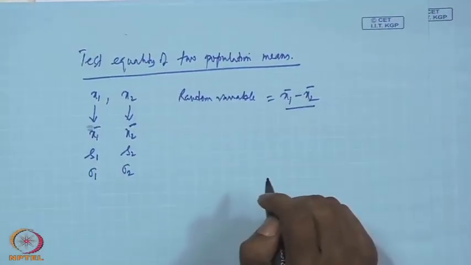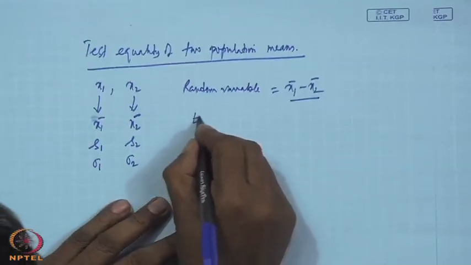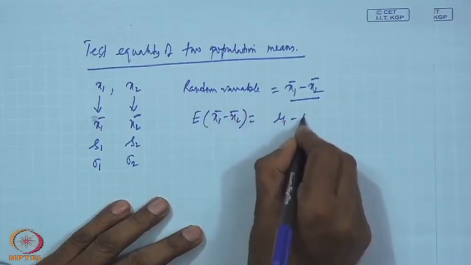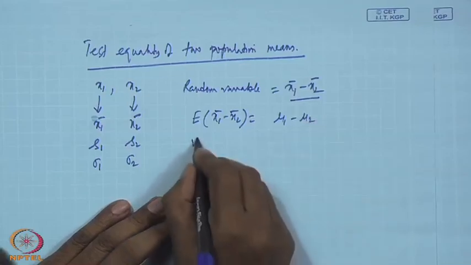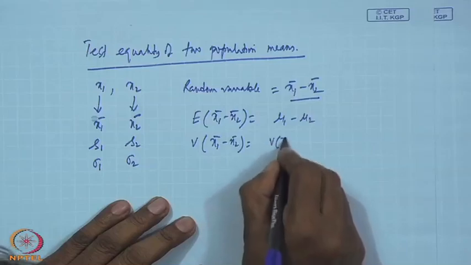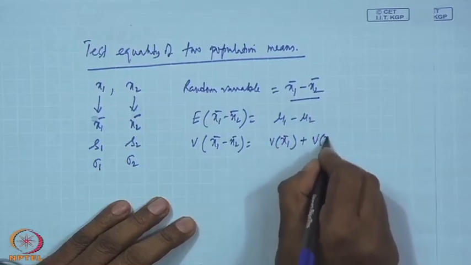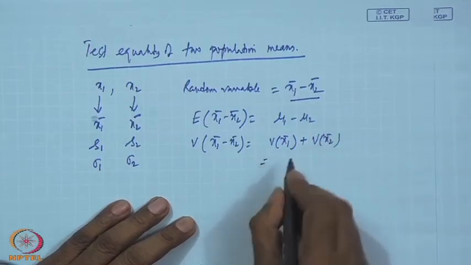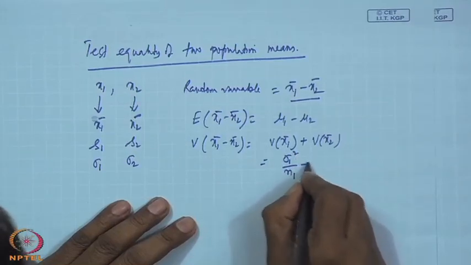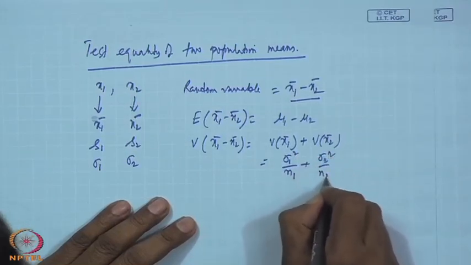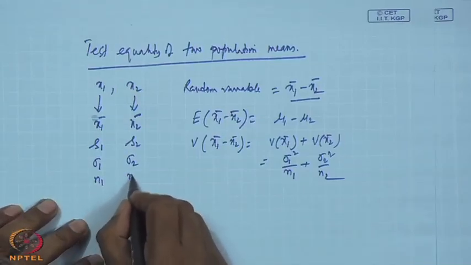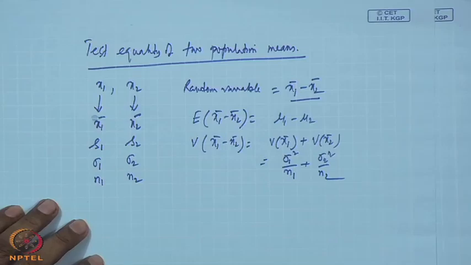This is a random variable. Now, for this random variable there will be an expected value, that is mu 1 minus mu 2, and there will be a variance. You have seen that this is variance of x 1 bar plus variance of x 2 bar, that is sigma 1 square by n 1 plus sigma 2 square by n 2, where n 1 is the sample from population 1 and n 2 the sample from population 2.